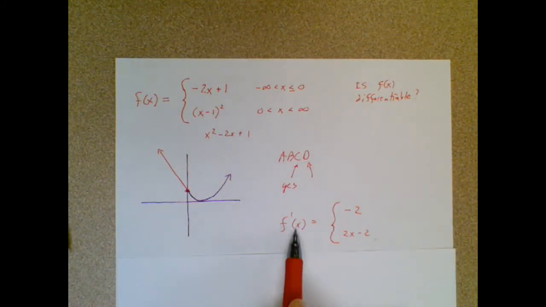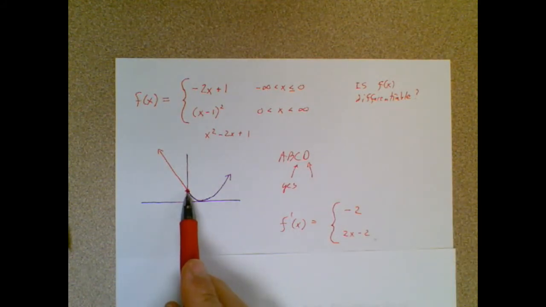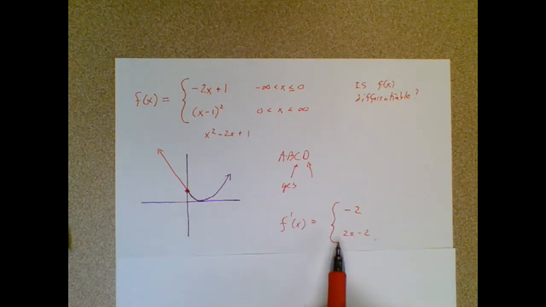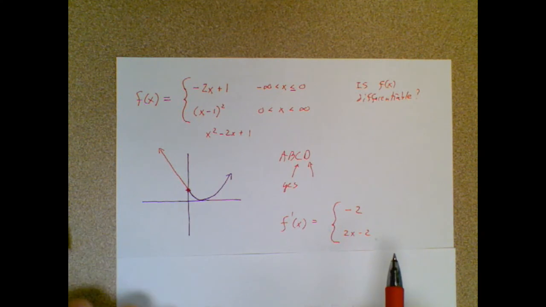And the point that I was worried about was x equals 0. So if I plug x equals 0 into here, there's nothing to plug into here, so that's a -2 to the left, because that was the left side function. This is the right side function. I plug x equals 0 into here, and I also get a -2.